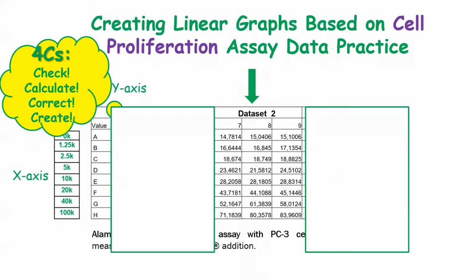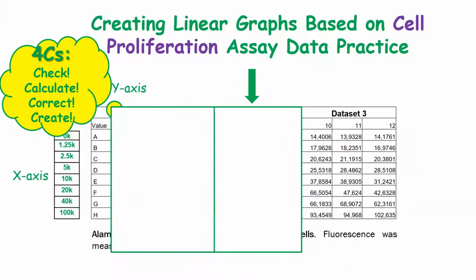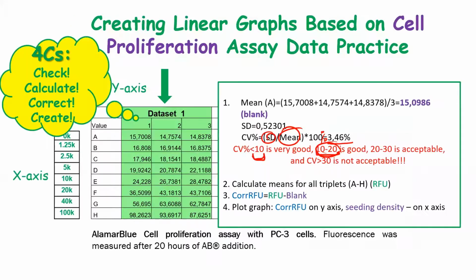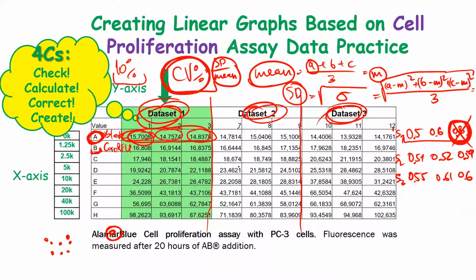So what you do in your lab book, you are going to measure every data set here and see how these values behave. Then you plot all of those 3 data sets and see if you see some kind of outliers in the graph. By looking with the naked eye here, I would say that for row H, data set number 2 has outliers.